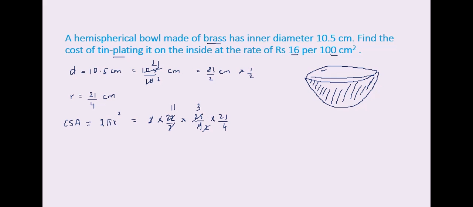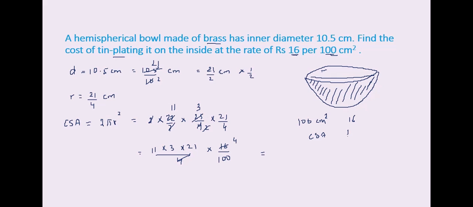But now the rate for 100 centimeter square is 16. So what is the rate of the CSA? So we'll cross multiply. So 11 into 3 into 21 upon 4 into 16 upon 100. 4 ones are, 4 fours are.